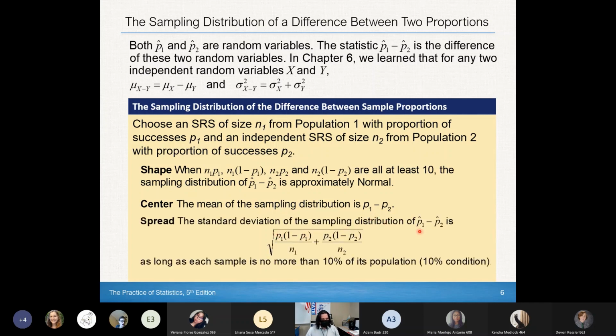The standard deviation of the sampling distribution of p hat 1 minus p hat 2 is the square root of p1 times 1 minus p1 divided by n1 plus p2 times 1 minus p2 divided by n2, as long as each sample is no more than 10% of its population, which is our 10% condition. Essentially, the shape depends on our large counts condition, as we come to call it later on. All right. Does anyone need a moment to write anything down from this screen?